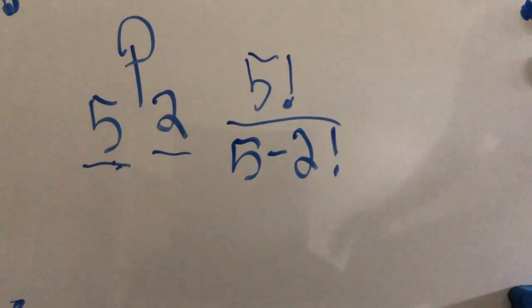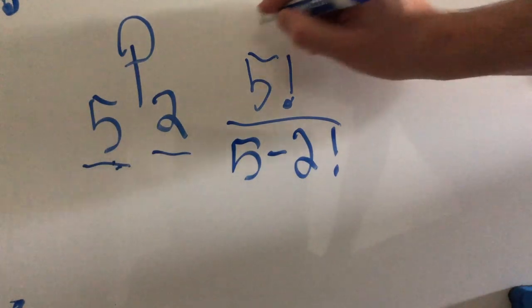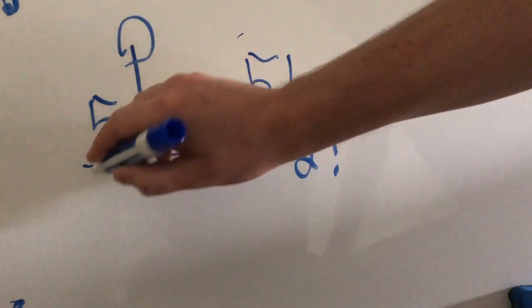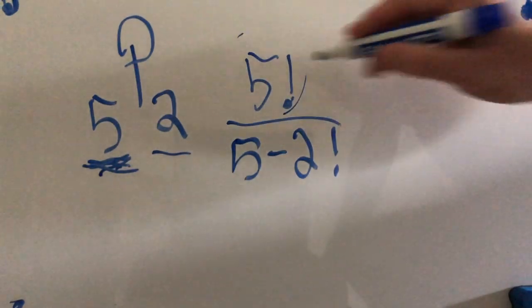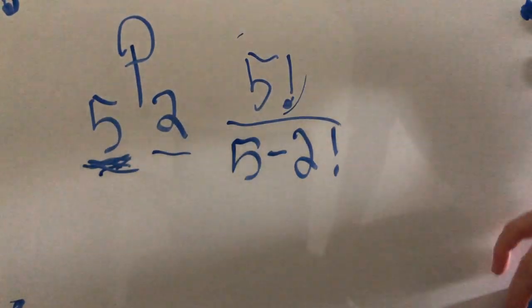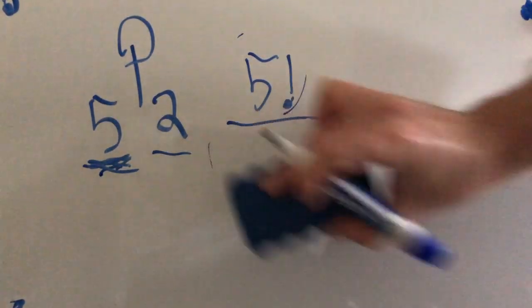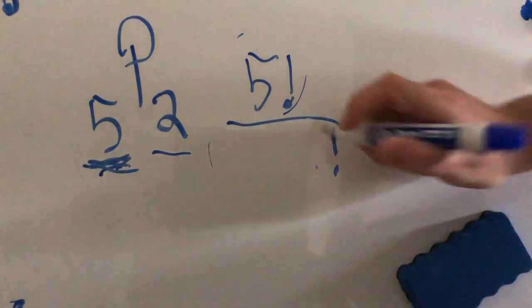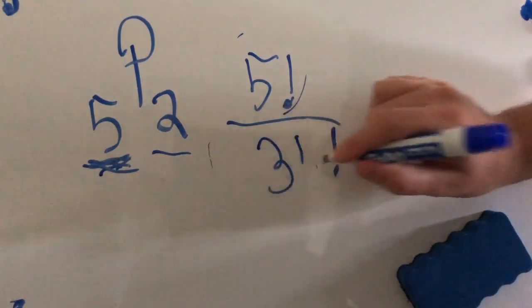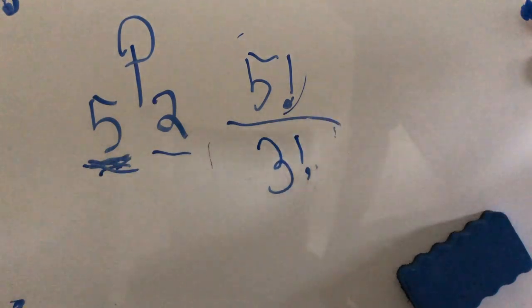So the total, the larger number, is going to go on top. So 5 minus 2, I'm going to subtract. You have to remember that step. That gives me 3 factorial.